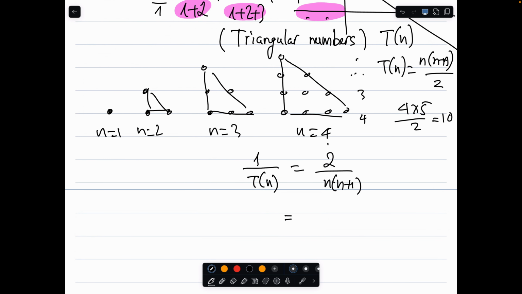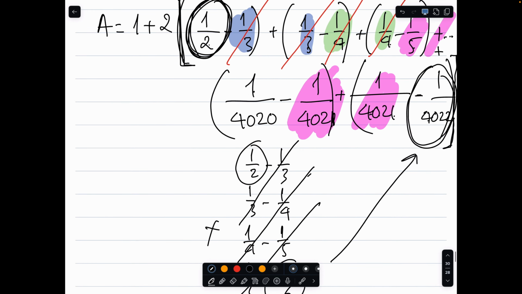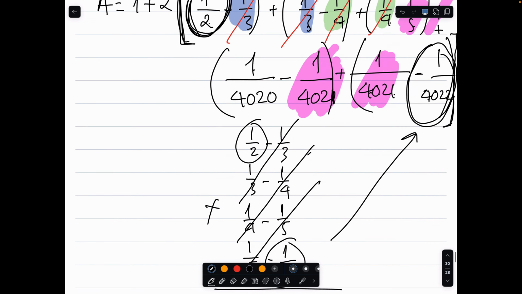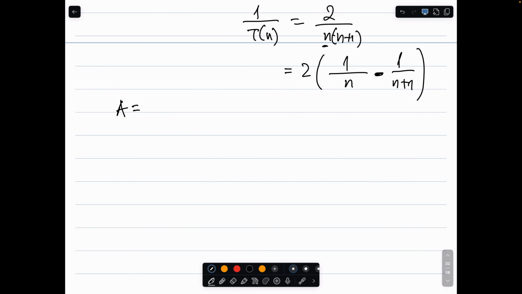And then because n and n plus 1, it's 2 times 1 over n minus 1 over n plus 1. Because of that you can write this, and because we can write this, you have a sum of differences. Okay, so A is a sum of differences because it has this form.